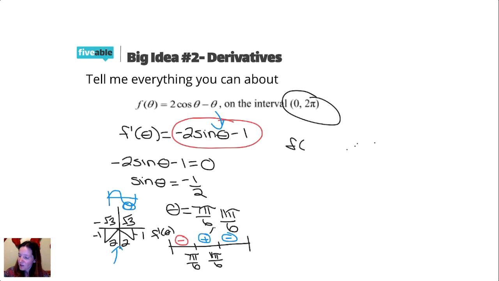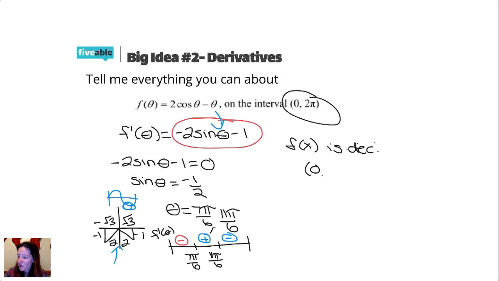So f of x is decreasing. We're going to start at 0 because that's where our domain starts. And 0 is not included in the interval, so we're not going to include it. If it was included, we would include it, but because it's not in the domain, we're just not going to include it.